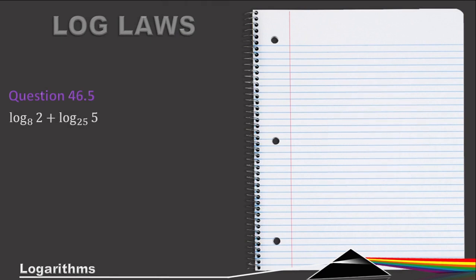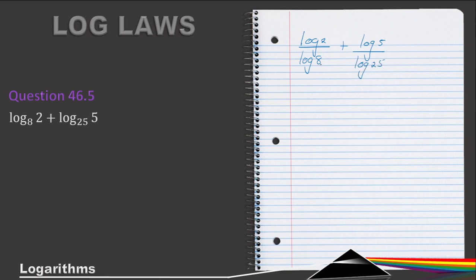Okay, then question 46.5. Well, our bases are again not the same and they are a bit bigger, so I'm going to apply law 4 and say log 2 over log 8 plus log 5 over log 25.